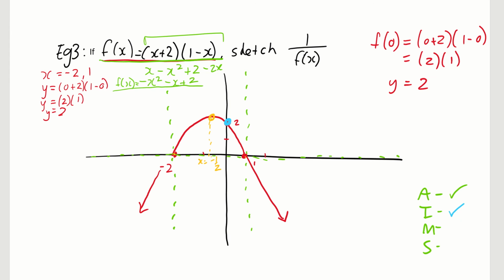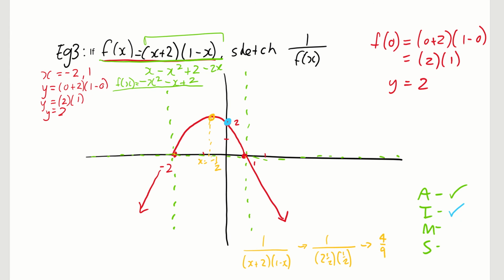I'm going to find where that minimum is occurring by subbing x equals -1/2 into my reciprocal function. My reciprocal function is 1 over (x plus 2)(1 minus x). So if I sub in x equals -1/2, I get 1 over 1.5 times 1 minus -1/2, which is 1.5. This is going to give me the y value for my minimum, which when you do that, you get an answer of 4/9.